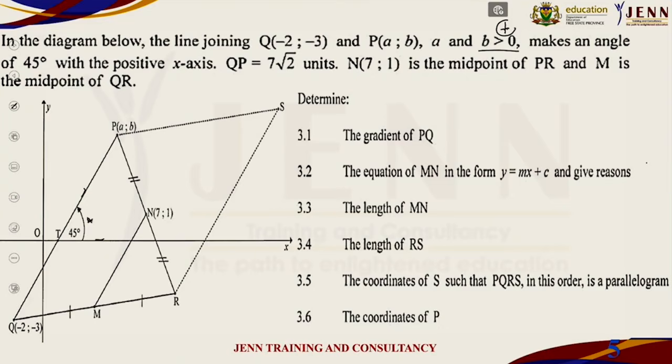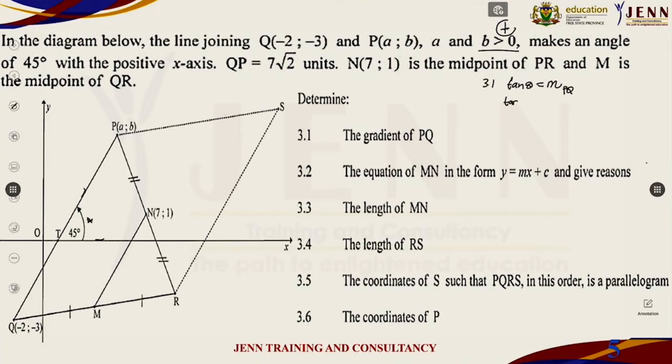So we can summarize. For 3.1, using the gradient by substituting 2 points does not work because the coordinates of P are both unknown. Therefore, our alternative will be using the angle of inclination. So we'll be saying tan theta equals the gradient of PQ. What is our angle in this case? It is 45.